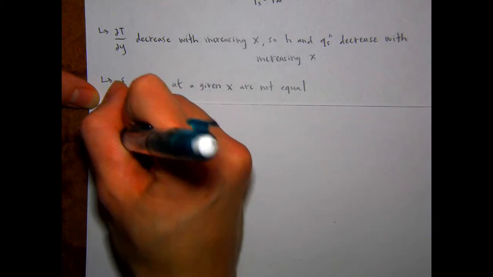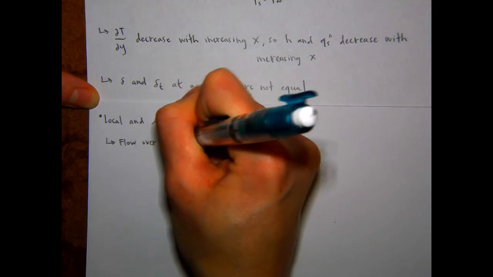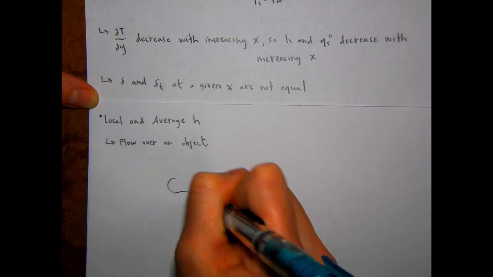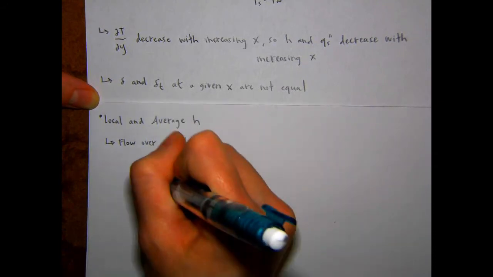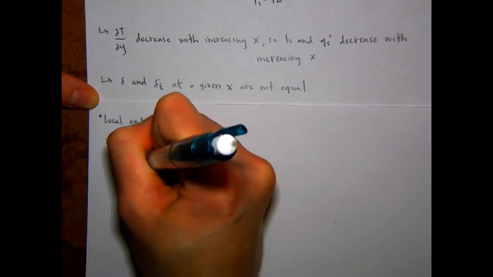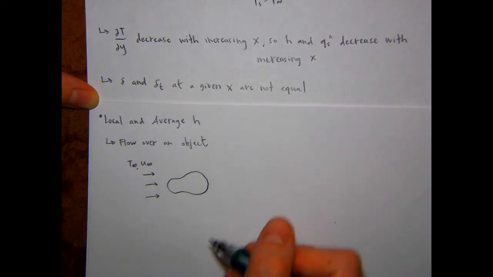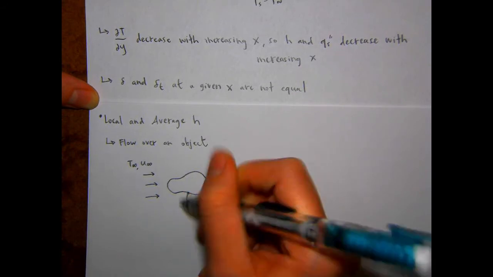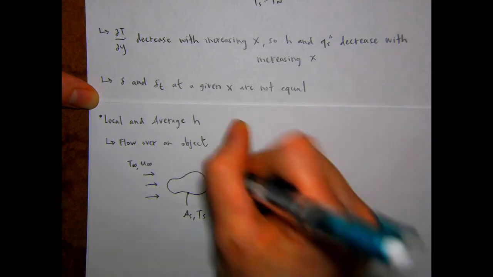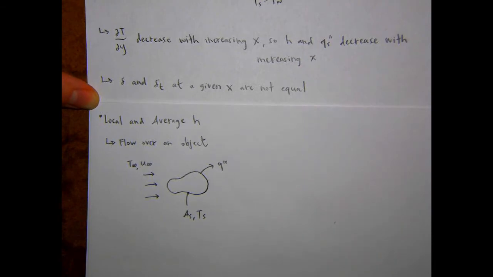Okay, so flow over an arbitrary object. So we'll just say flow over an object of arbitrary shape. It's some temperature and velocity, T infinity, U infinity. And it has a surface area, A sub S, and a surface temperature, T sub S. And it's losing heat by convection or radiation.